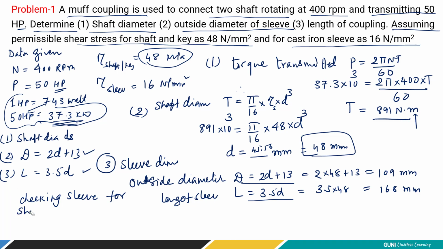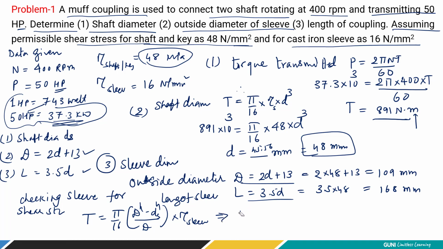For shear stress, torque T is equal to pi by 16 by considering the hollow cylinder. So D raised to 4 minus d raised to 4, where d is the shaft diameter and D is the outside diameter, divided by D, into tau. Here tau is the shear stress of the sleeve.